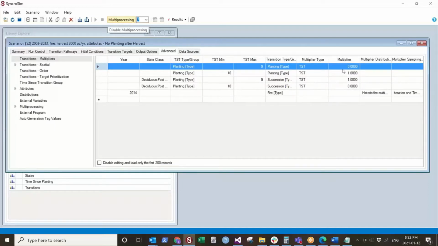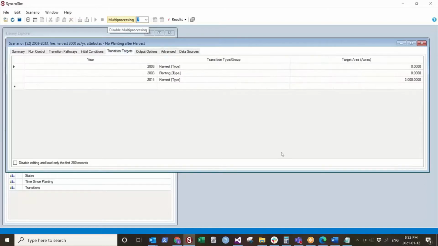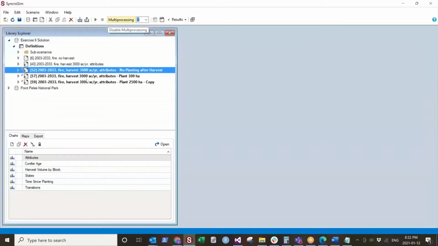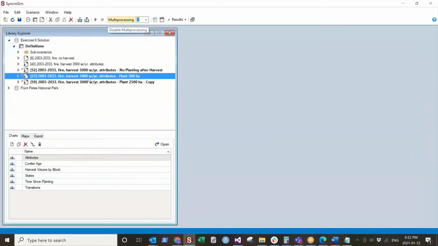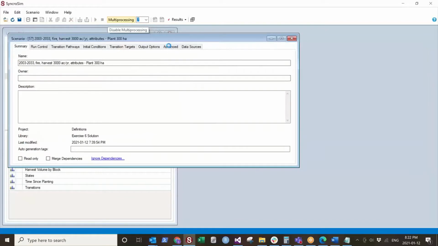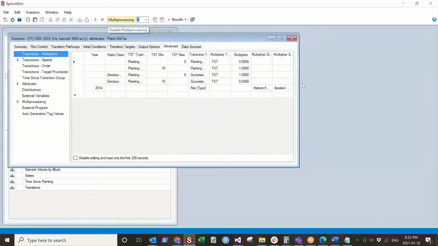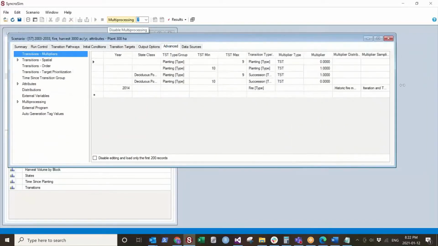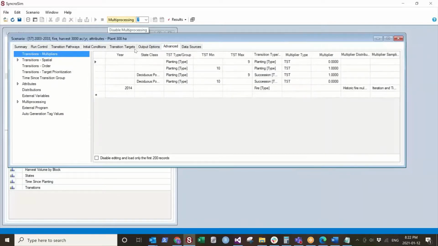And then the next thing I did is just to show different scenarios. In this scenario, I set the planting target to 0. I'm not going to do any tree planting. And then I added a couple of scenarios. One where we're cutting 3,000 hectares per year. So what if I apply planting to targets?